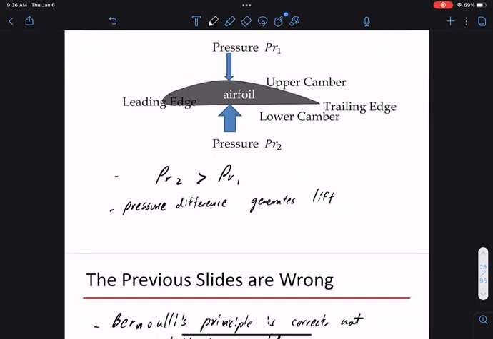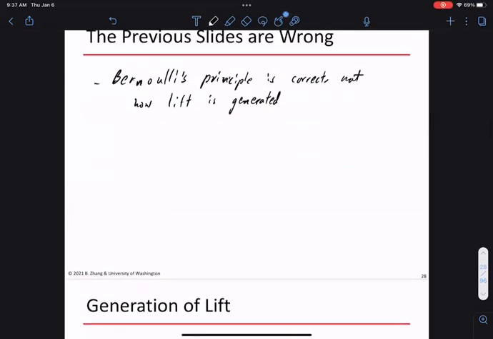Can you think of some examples that show that this theory has problems? Paper airplanes are one example.